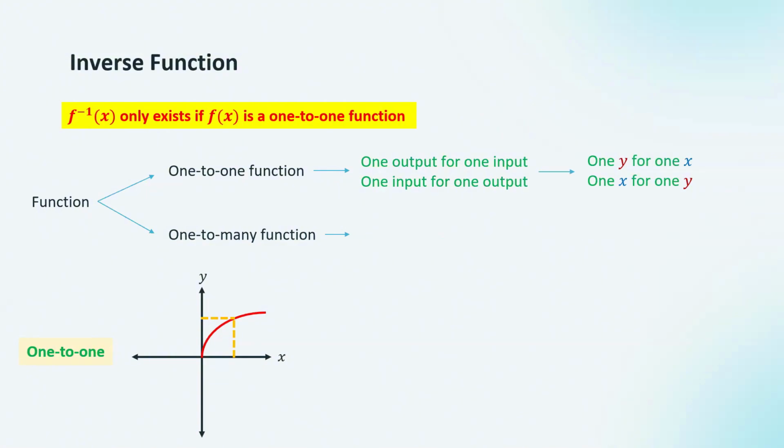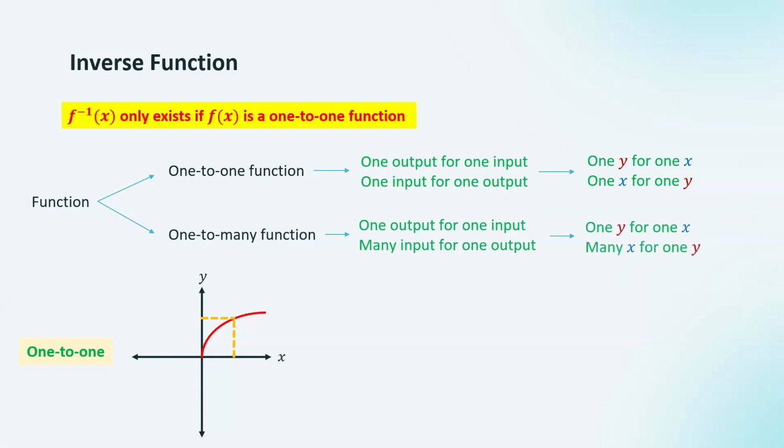Next is the one-to-many function. One-to-many means one output for one input, which is the same as before, and then many inputs for one output. Now this one is different. You can also say this means 1 y for 1 x and many x for 1 y. You might be confused at the wording, so let me give you a graph that shows a one-to-many function.